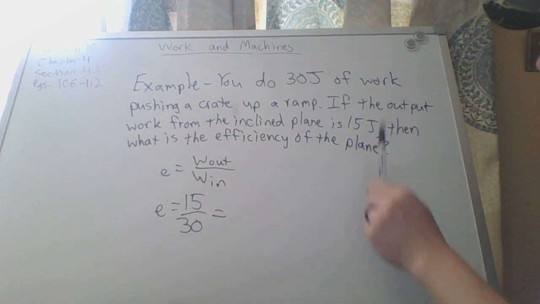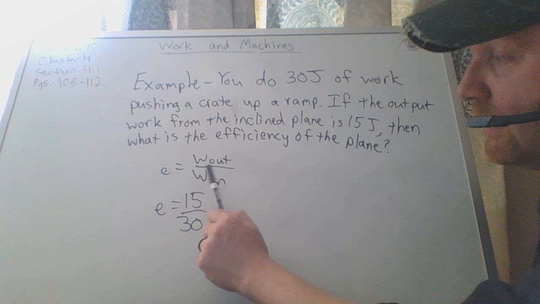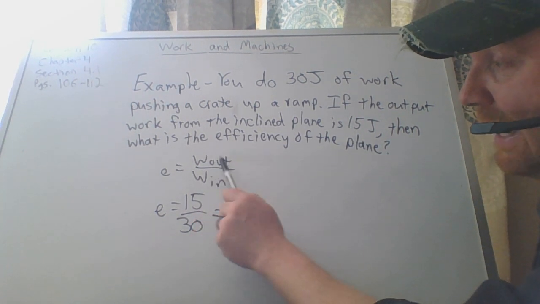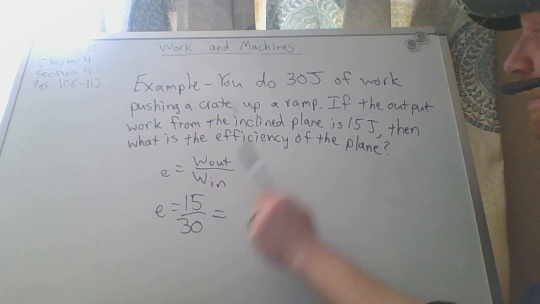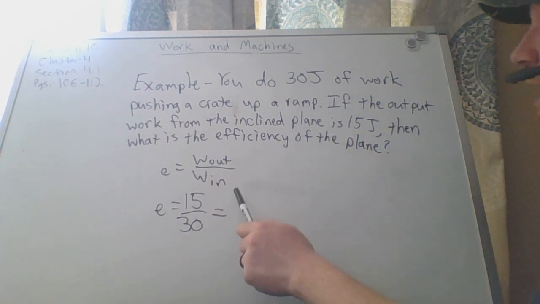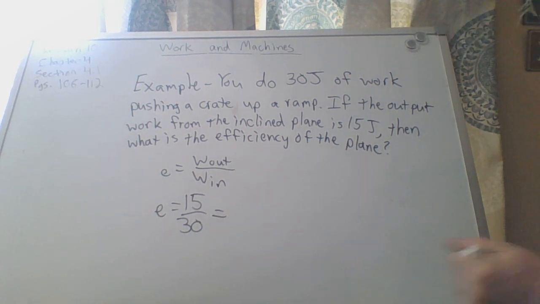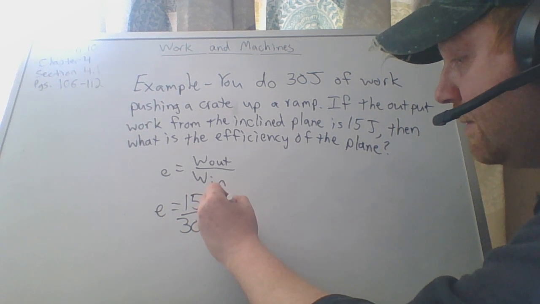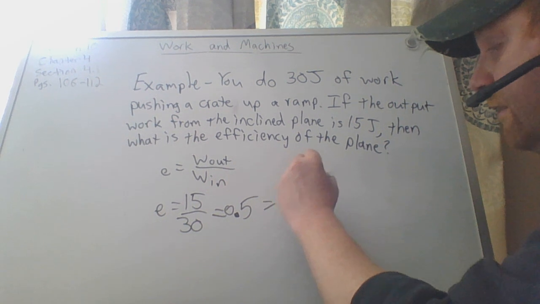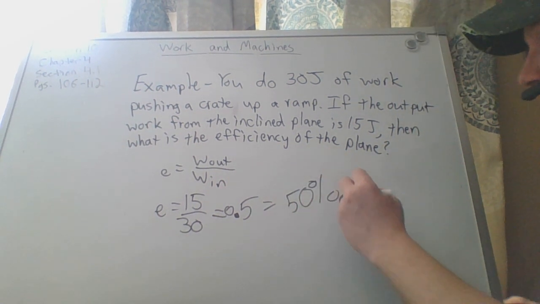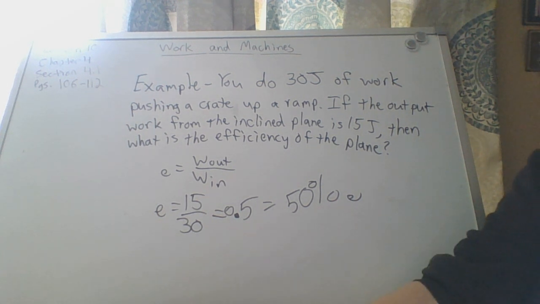The output is 15 joules. Efficiency is the output work divided by the input work. Work out divided by work in. The output work is 15 joules, and we put in 30 joules of work. 15 divided by 30 is 0.5, which equals 50% efficiency. And that is how machines help us with work.